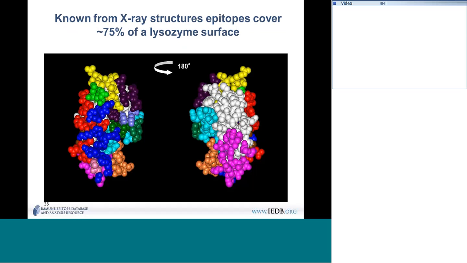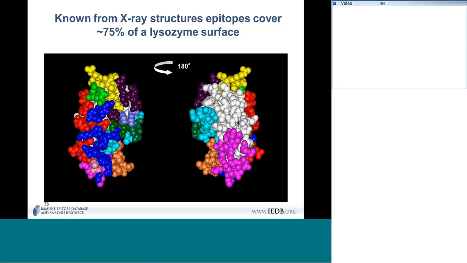So now I need to tell what multiple epitopes are. Here is the structure of lysozyme, where I mapped in different colors the residues which are epitopes of different antibodies.